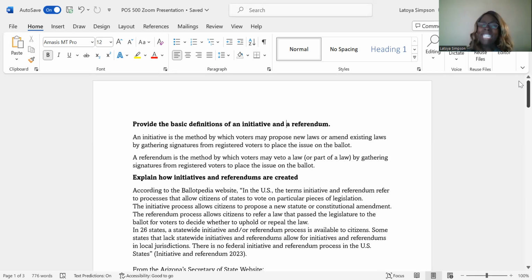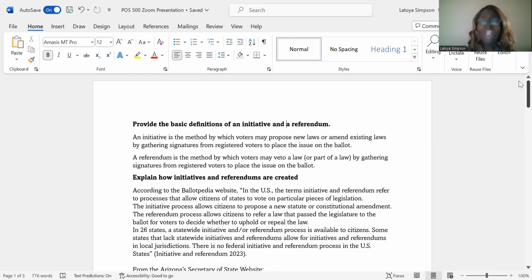In 26 states, a statewide initiative and/or referendum process is available to citizens. Some states that lack statewide initiatives and referendums allow for initiatives and referendums in local jurisdictions.